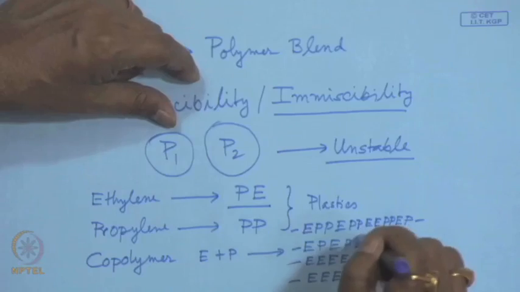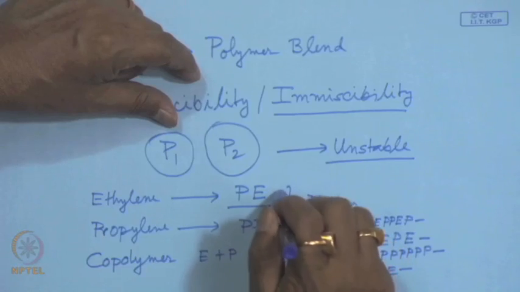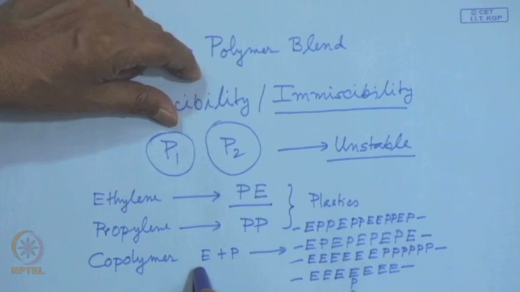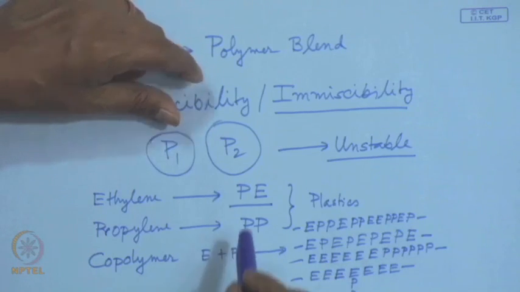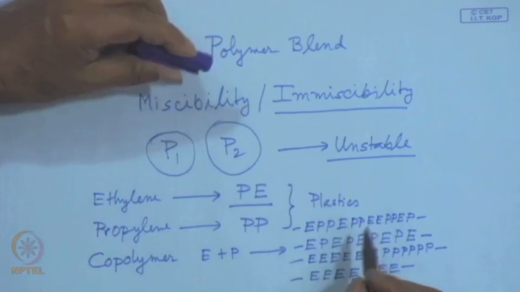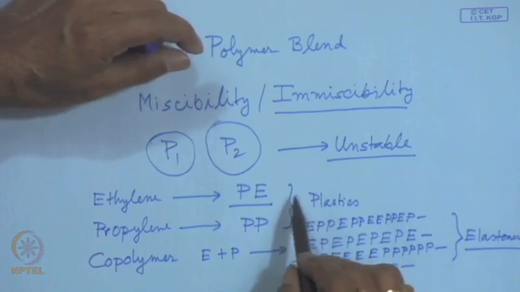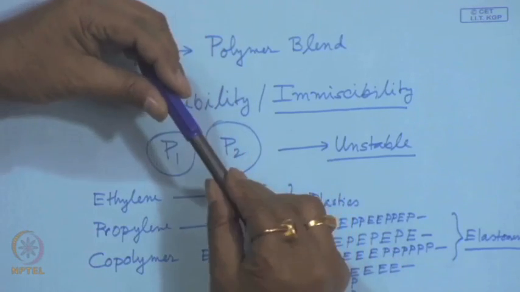Here, in doing so, the properties of homopolymers are drastically changed in the copolymer because of the presence of the two monomer units in the backbone chain, and this copolymer of ethylene propylene becomes elastomeric in nature, whereas their homopolymers are plastic.